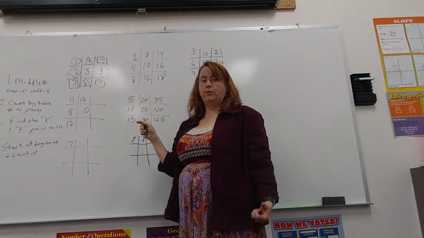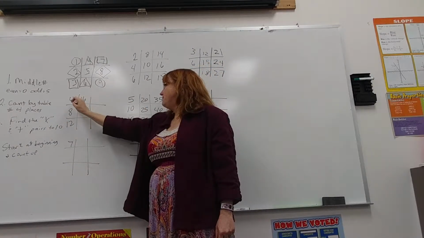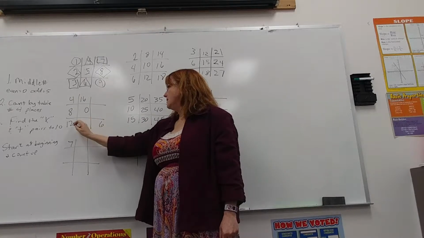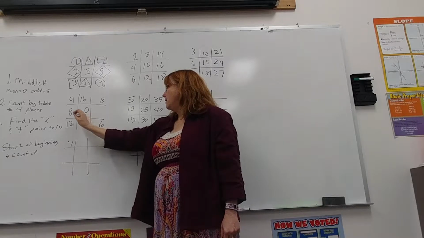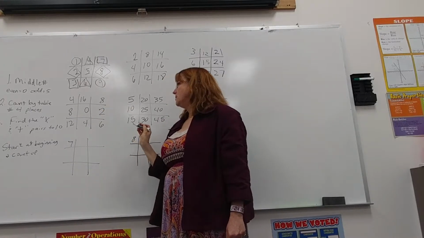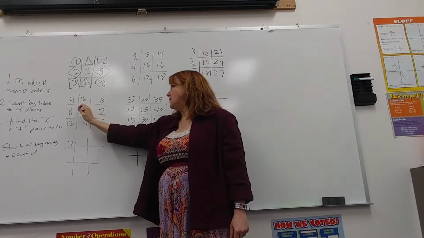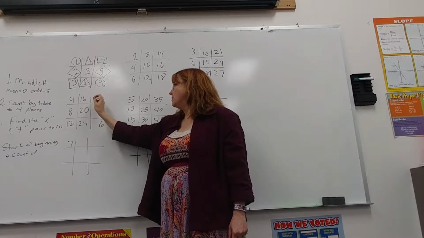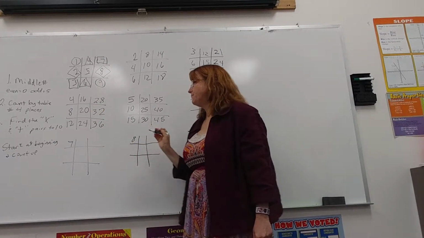The first 3 are done for you. Then you could add 4 more on. X and plus: 4 and 6, 2 and 8, 6 and 4, 8 and 2. Start at the beginning: 4, 8, 12, 16, 20, 24, 28, 32, 36.